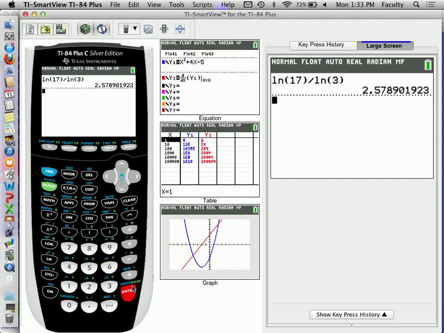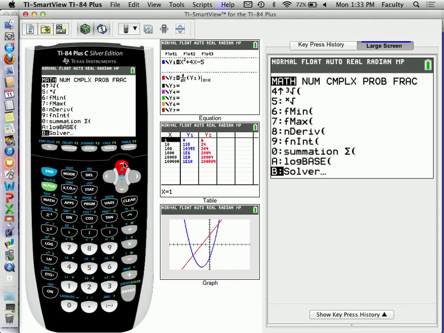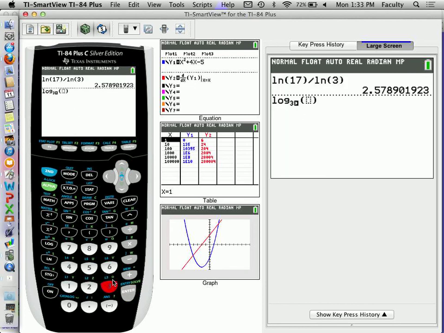Or, if you have the newer calculator, you would press math. There we go. So then it'll do it for you here.